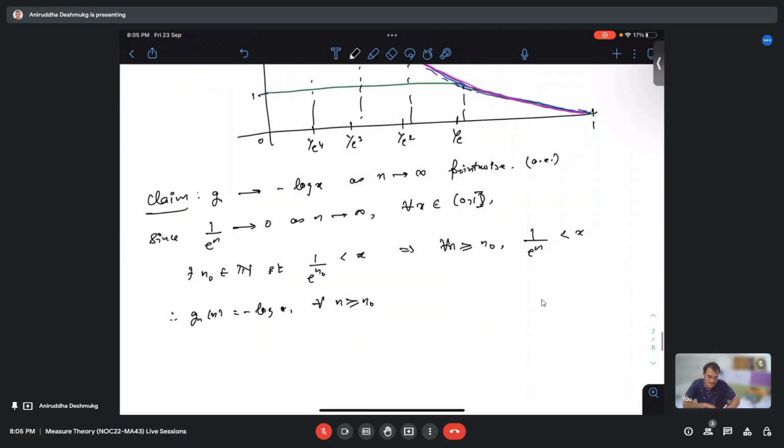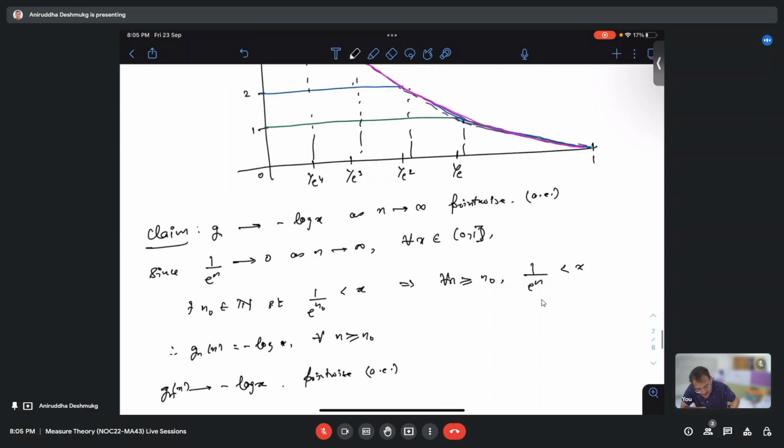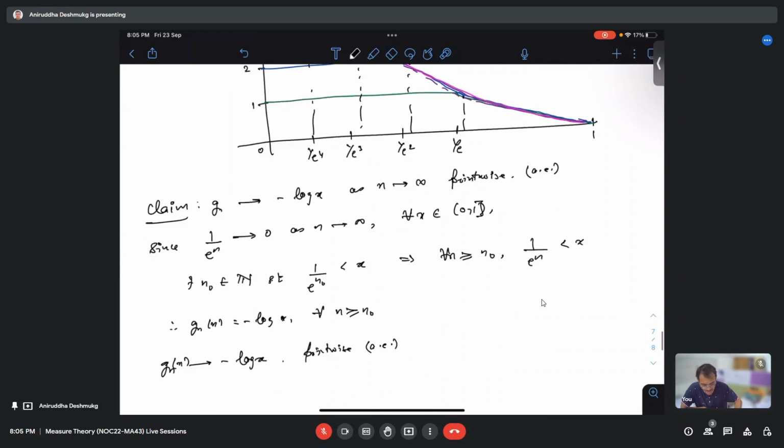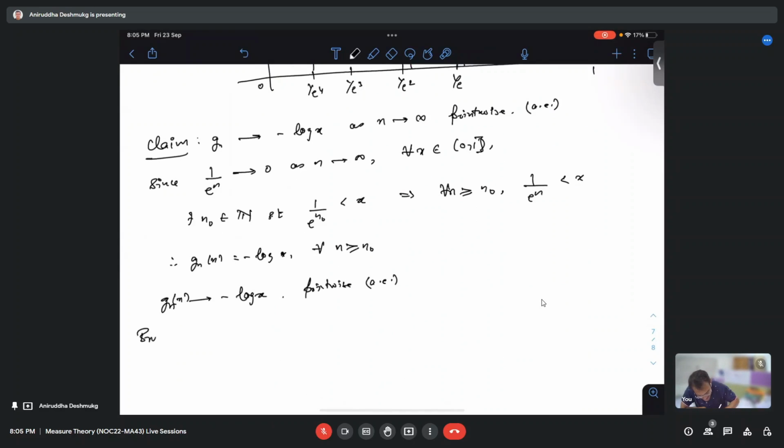So at least Gn converges to minus log x pointwise almost everywhere. And one can redefine this minus log x at 0 to be any arbitrary value. In the final integral, it won't really matter. But minus log x is not a bounded function.